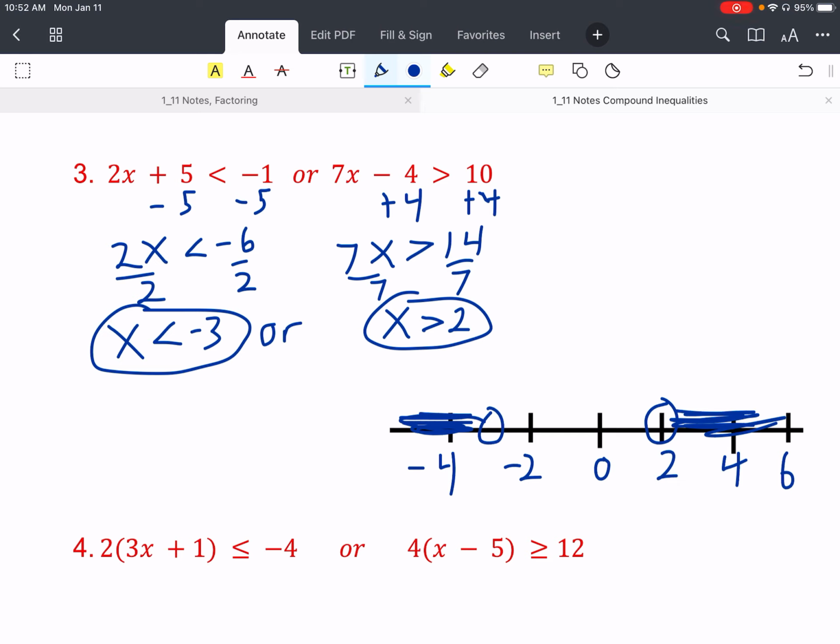So for our interval notation, on the left we have -infinity to -3. And notice these are both parentheses because they're empty circles, or parentheses 2 to infinity.